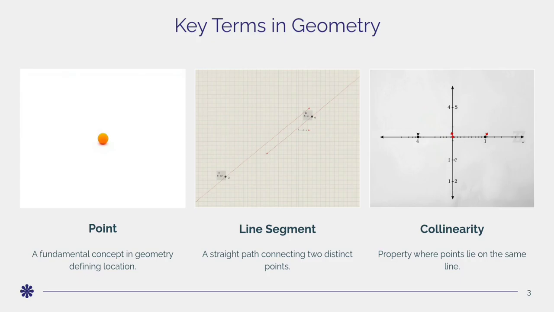Point is a fundamental concept in geometry that defines location. A line segment is a path connecting two distinct points. Here, the second picture shows it clearly. The third picture is about collinearity, which is a property where points lie on the same line.